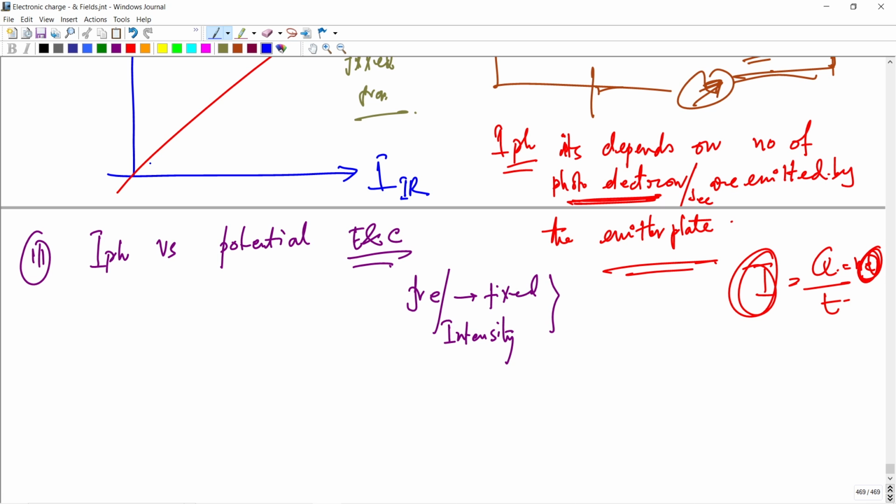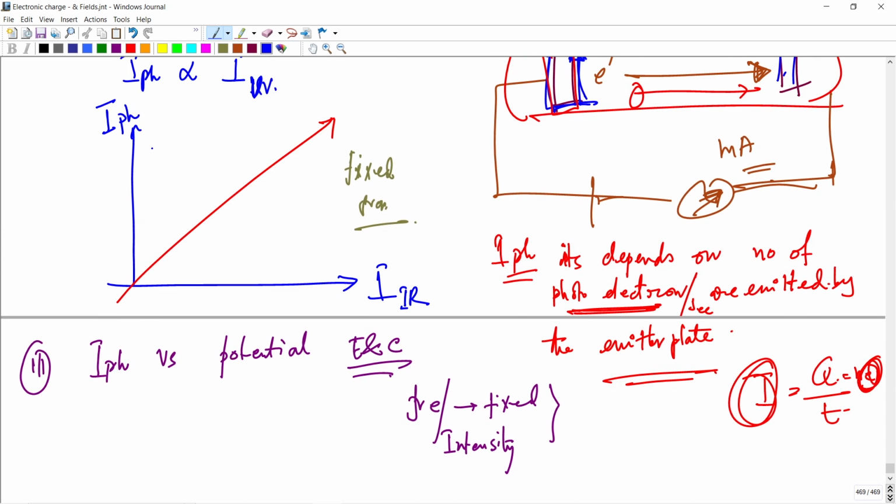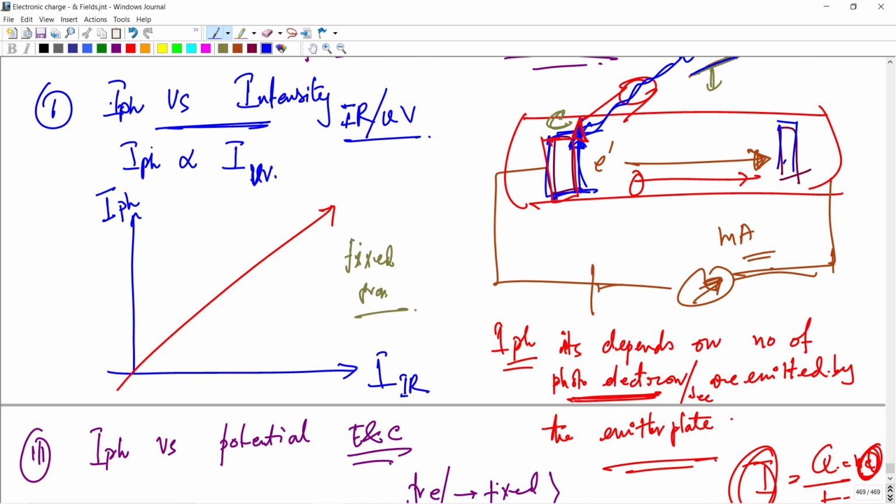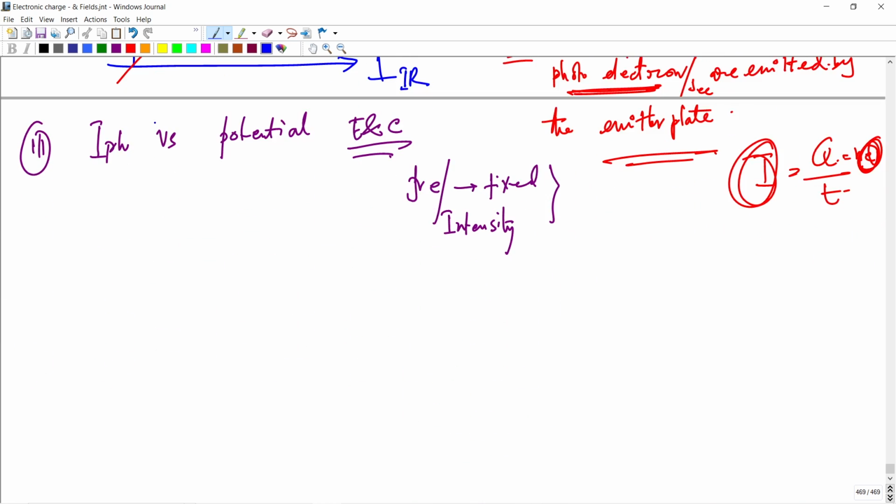Now we increase the collector plate potential and emitter plate potential. Actually, when one plate's potential is increased, the other automatically changes. So the diagram now looks like this.